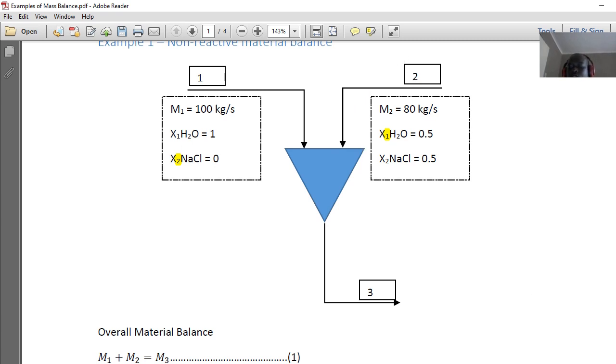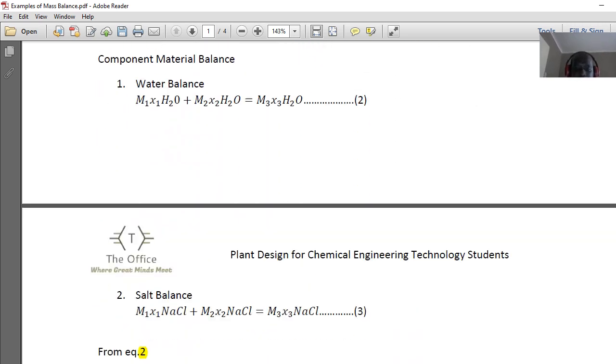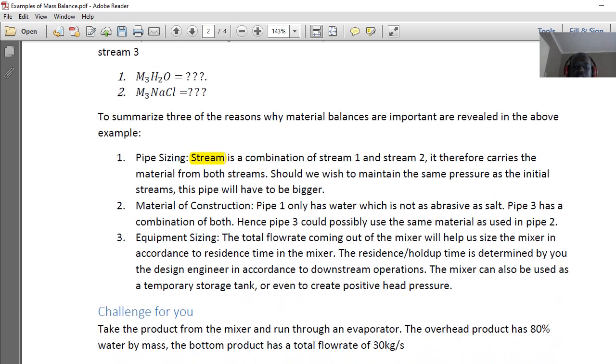So this is an example of how your material of construction can be determined, or a preliminary guess can come from just your mass balance by knowing exactly how much of each component is in each pipe. That will help the design engineer in selecting the right material of construction.